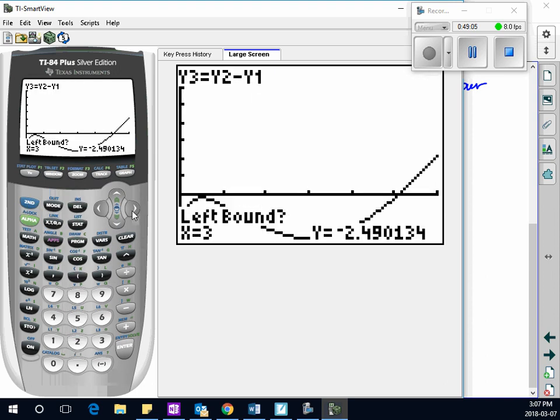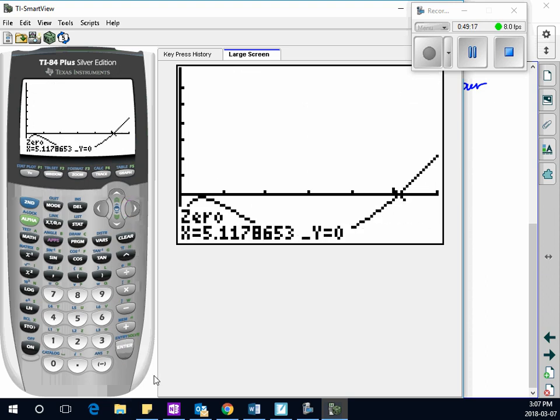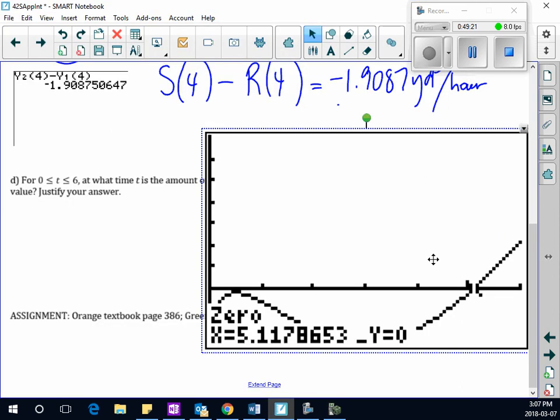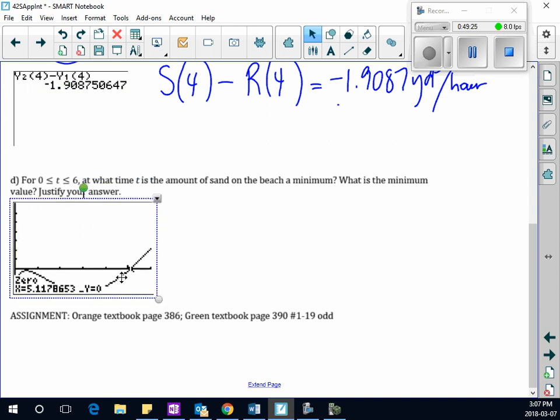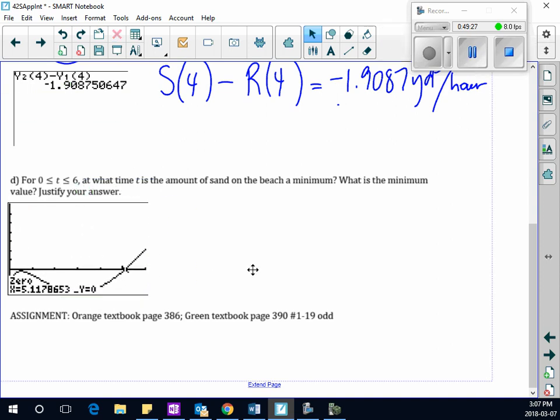I'm on the left, and now I'm going to go on the right. All right, so I'm going to put this on here. We need to figure out when it's a minimum and when it's a maximum here.